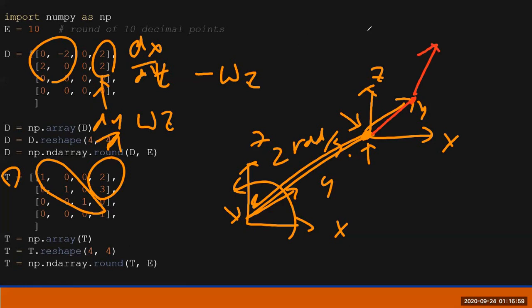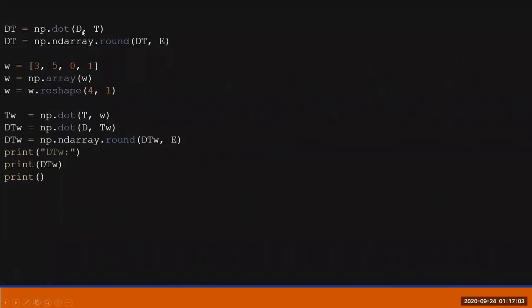With this information, we can do the inner product of the velocity matrix, the angular velocity matrix, with the orientation matrix. We get dT. And then the point, we have 3, 5, 0, 1. This one is very important. You must put a 1 over here. This is the coordinate of the point with respect to the origin point.